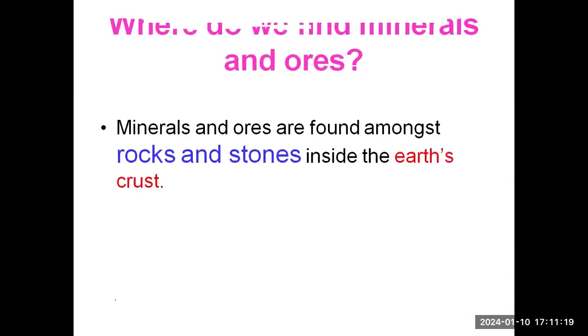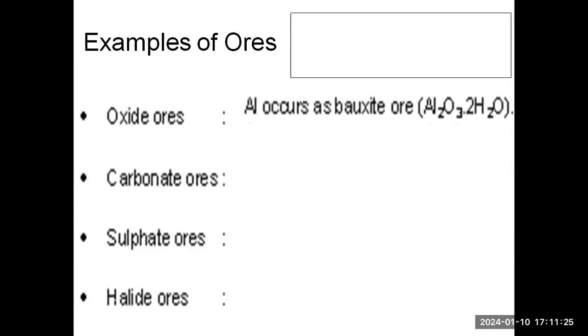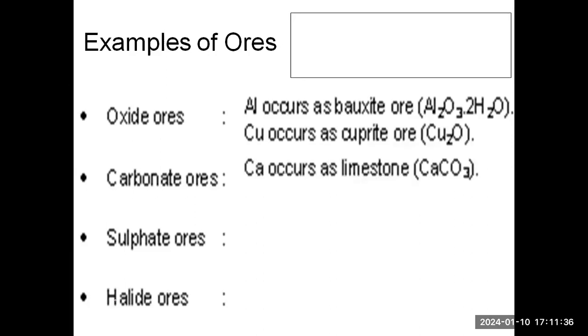Now, there are some examples of ores given here, which is asked for 1 mark. Like aluminium is available in bauxite form, which is aluminium oxide. Copper is cuprite, that is copper oxide. Then we have calcium available in limestone, calcium carbonate.